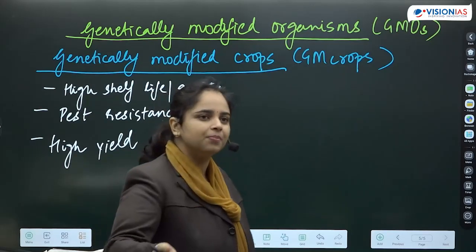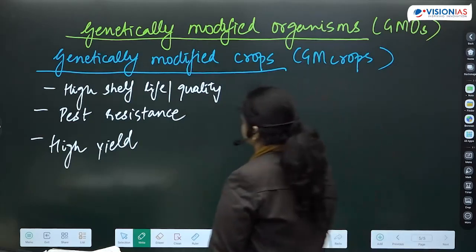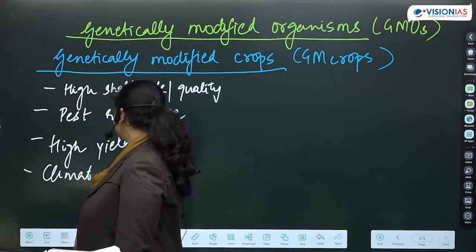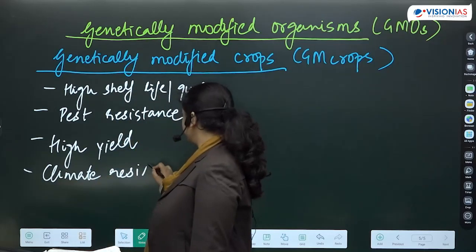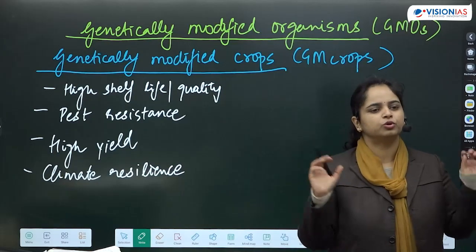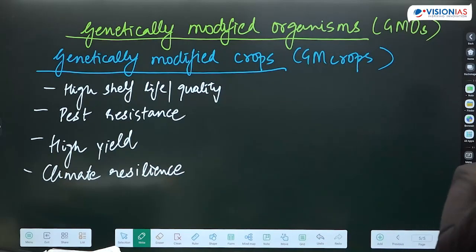If I use a generic term here, it is going to be climate resilience. Tolerant towards changes in climate, tolerant towards less water, sometimes more water, sometimes extra rainfall.